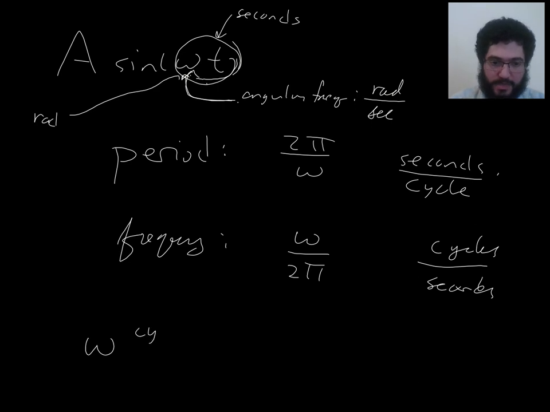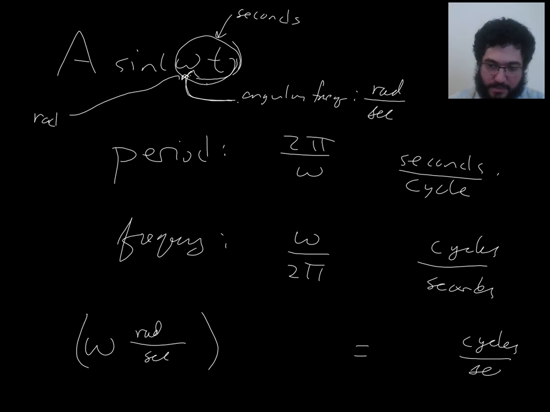If you have omega radians per second, and you want to get something like a frequency in cycles per second, then for your unit conversion, you need to multiply by how many cycles there are in a radian, right?